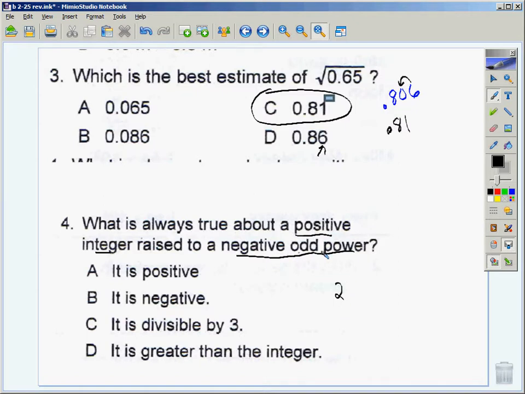Likewise, when it said a negative odd power, I would stay with the smaller number so I didn't have to multiply out so many times. I might use a negative 1, I might use a negative 3. What's the rule with a negative exponent?